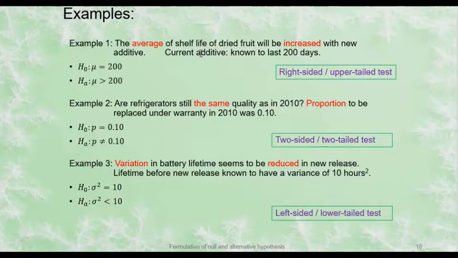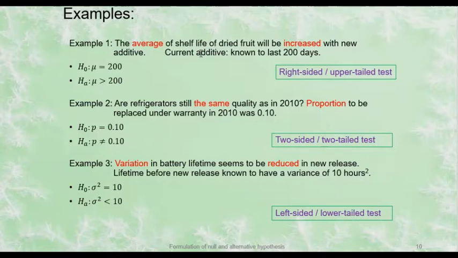It's a two-tailed test. And example 3, variation in battery lifetime seems to be reduced in new release. Lifetime before known to have a variance of 10 hours.